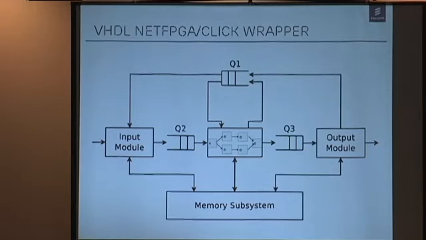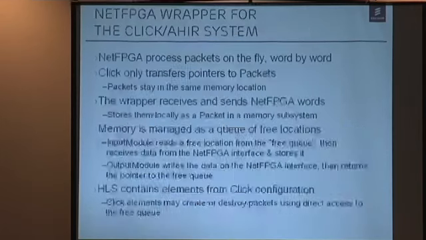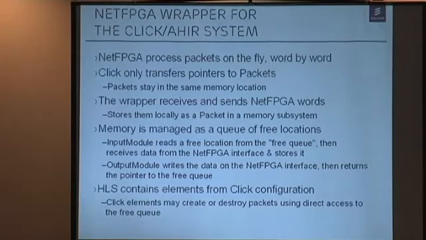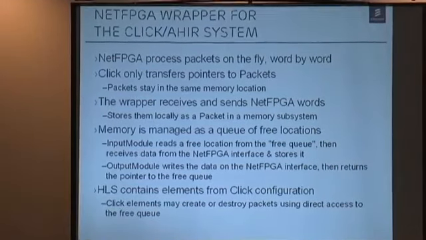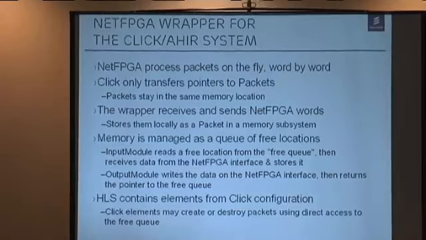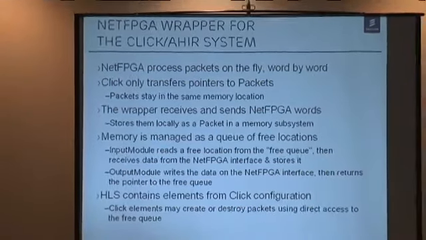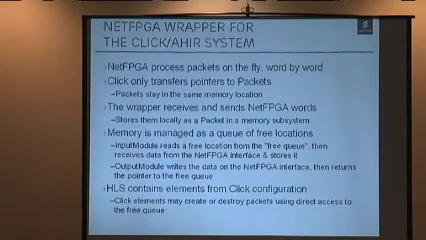And the queue at the top is the free queue, which keeps track of free locations. And the output module transmits the packets on the back side. So this kind of goes along with the click way of passing packets between modules, which is to pass the pointers only, and the packets themselves stay in the same memory location.